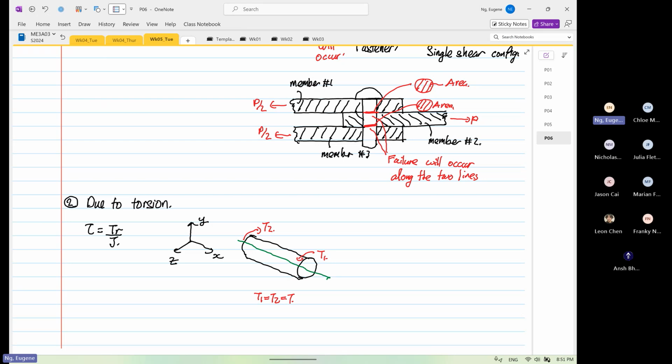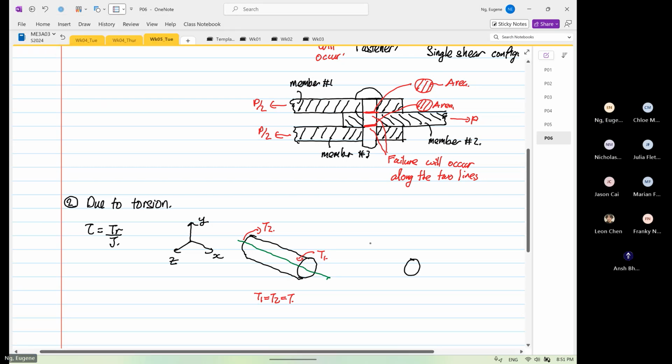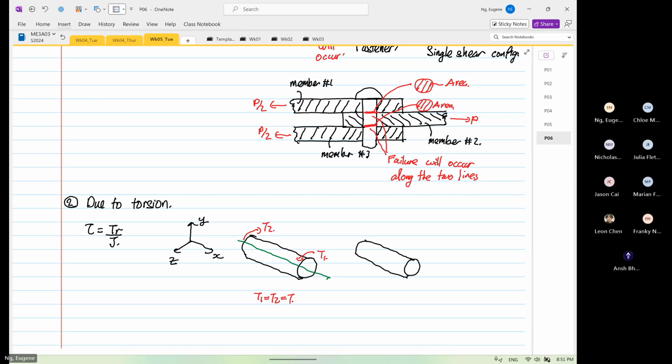But we have to remember, if I draw the next case, again, same structure. And then we have our axis.